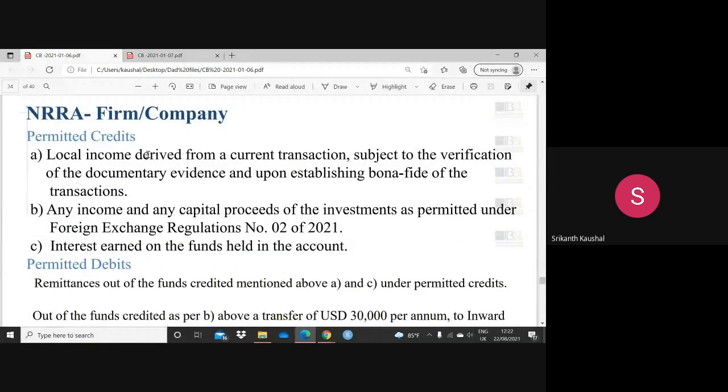NRR can also be opened by certain foreign companies. For that, there are permitted credits and debits, so you need not worry about this.